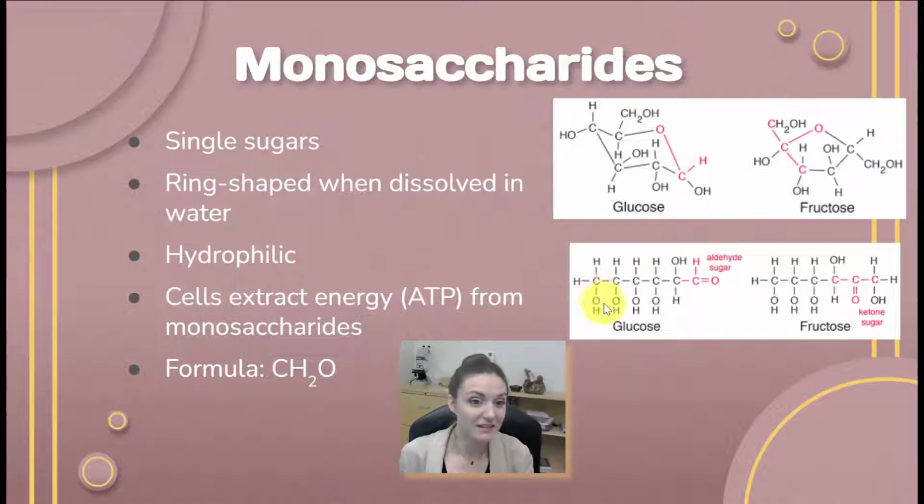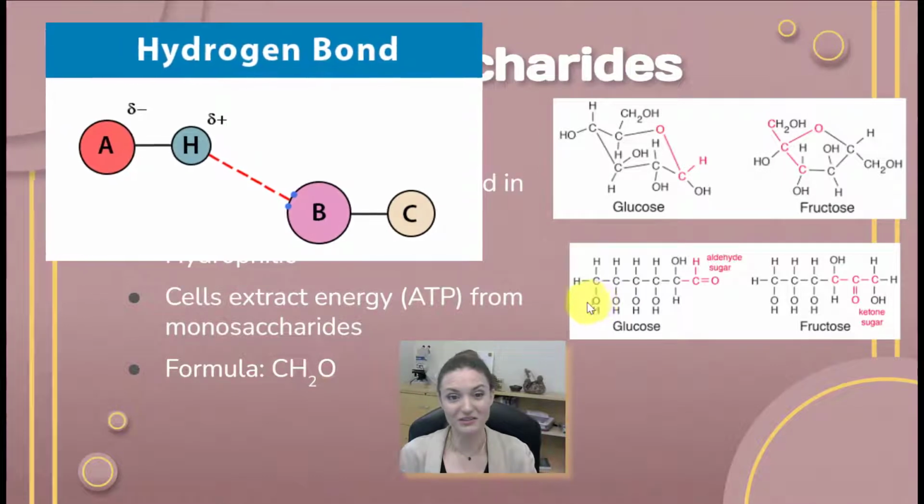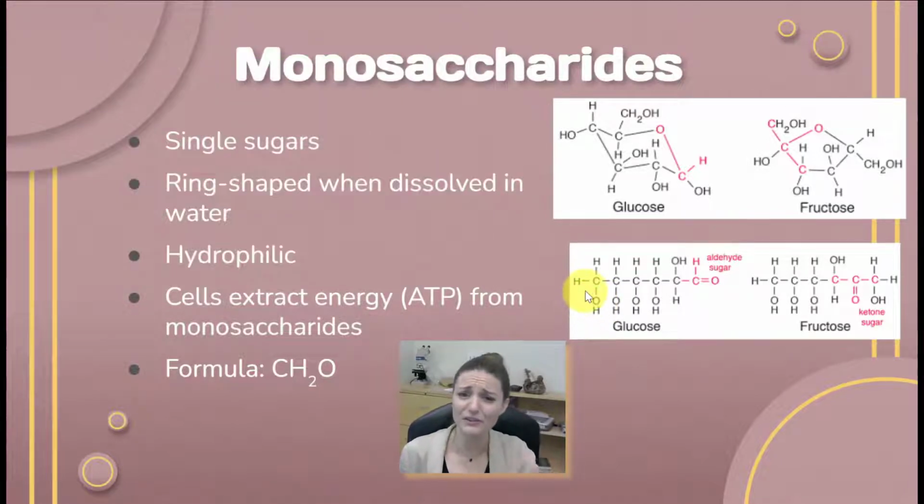So because of this polarity, because oxygen is really greedy with its shared bonds, carbohydrates are very hydrophilic. They will readily dissolve in water, because this negative oxygen will readily make a hydrogen bond with the positive ends of the water molecules. And when they're dissolved in water, they tend to take on a ring shape.